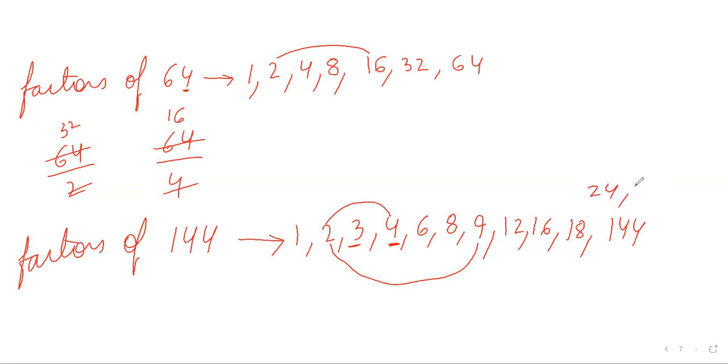And ma'am, then 48. 36 is also there. Yes, ma'am. 48. And ma'am, 56. No, it is not divisible by 56. Okay, ma'am. Then, ma'am, I think there is no more. 72. Yes, ma'am, only 72.